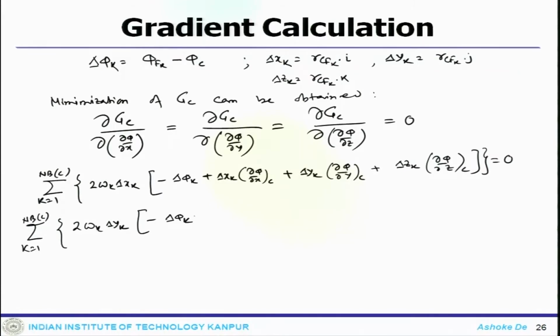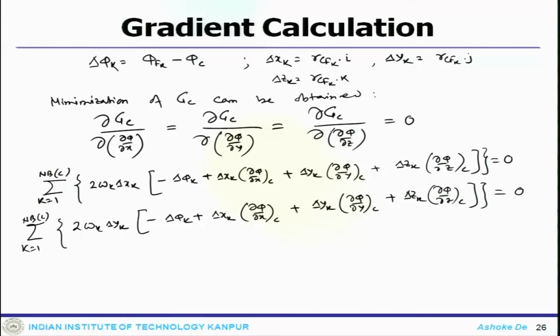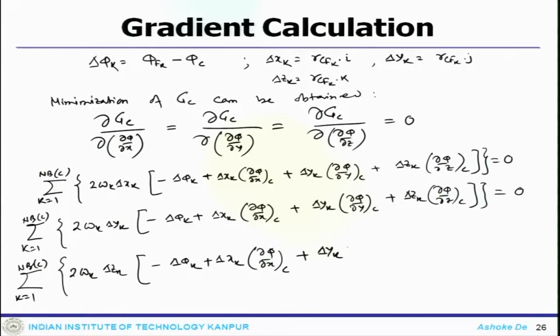So, it will be Δφk plus Δxk ∂φ/∂x at C plus Δyk ∂φ/∂y at C plus Δzk ∂φ/∂z at C. That gets you the second one, and the third condition will get you another expression on Δzk.